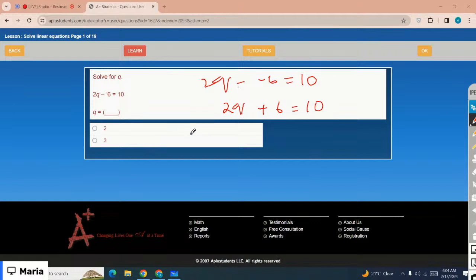Now you have to isolate the variable q because you need to calculate the value of q. So subtract 6 from both sides. 6 minus 6, you are left with 2q, and 10 minus 6 is 4. Now divide both sides by 2, so q equals 2.